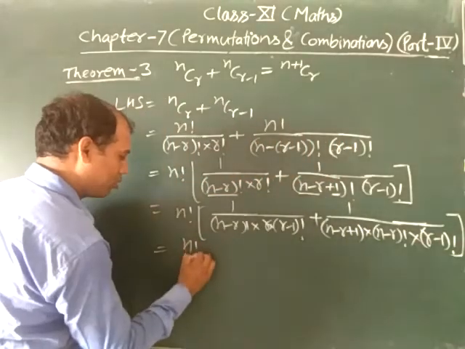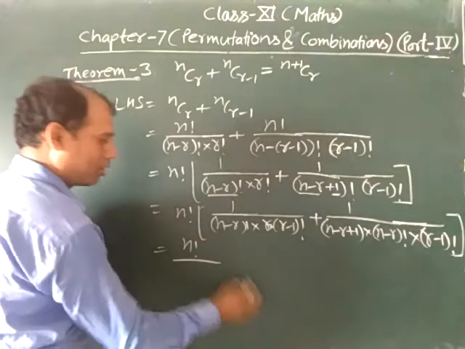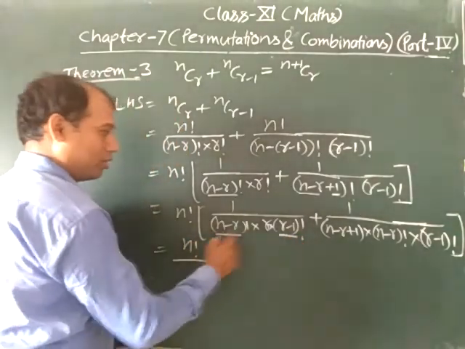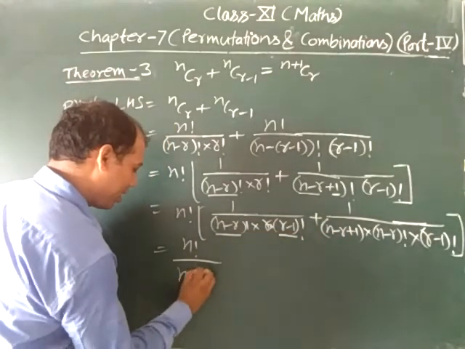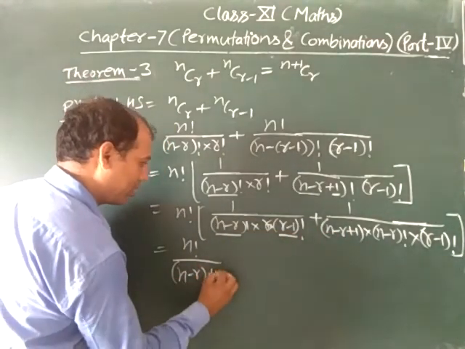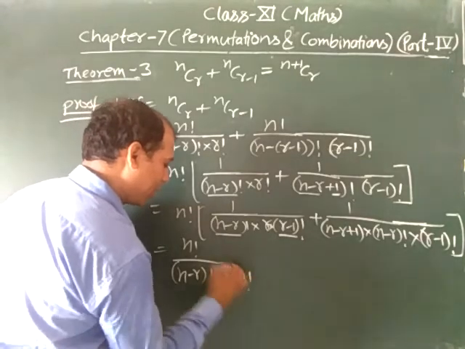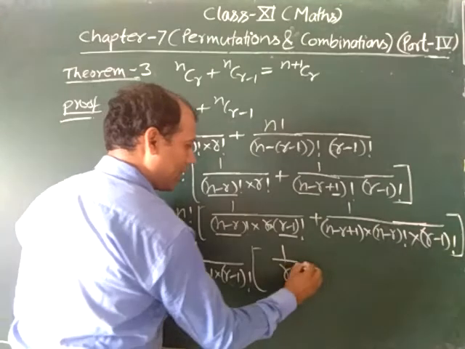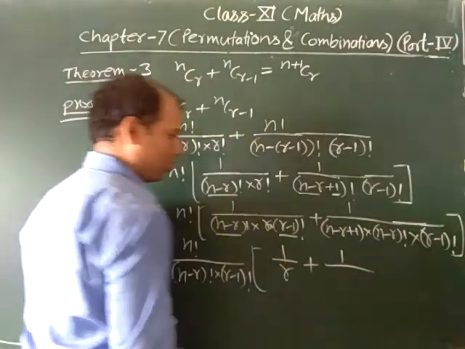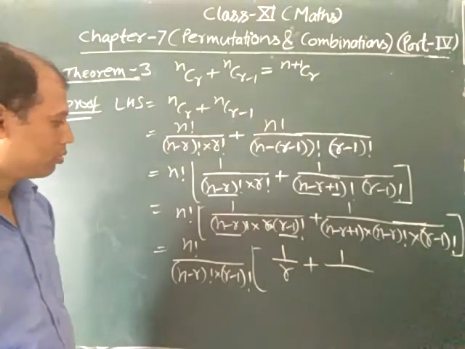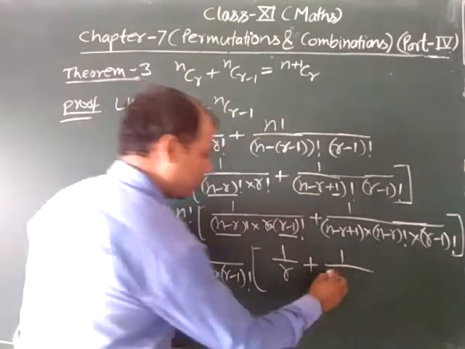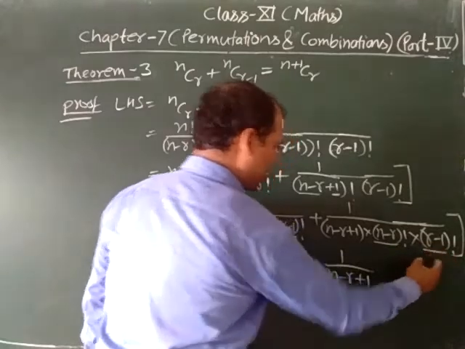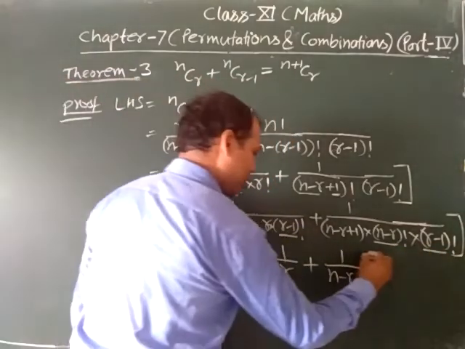From these two terms we can take common. What is common? This value and this value. So we get n minus r factorial into r minus 1 factorial out of bracket. Then this becomes 1 by r plus 1 upon n minus r plus 1, because these two terms are taken common.